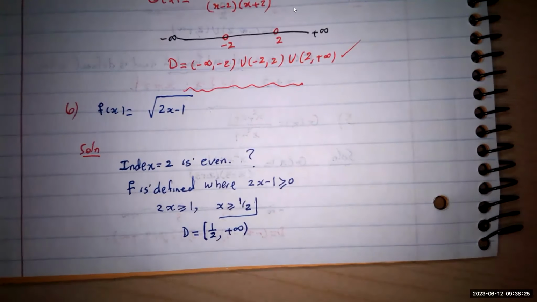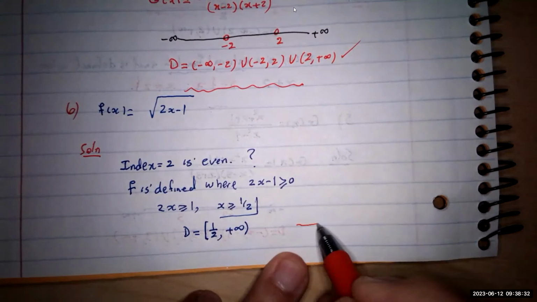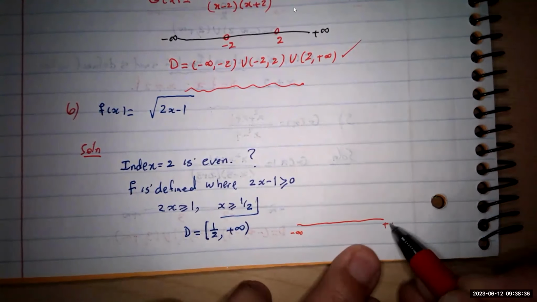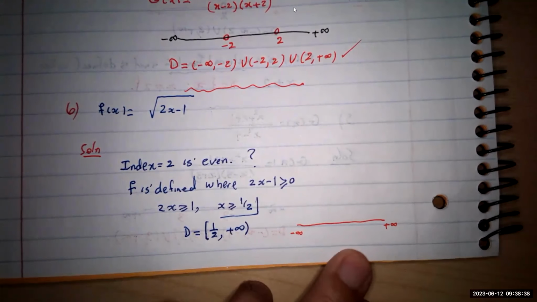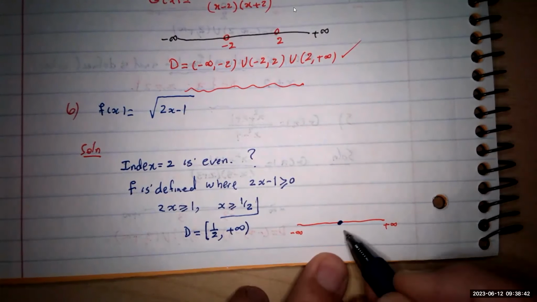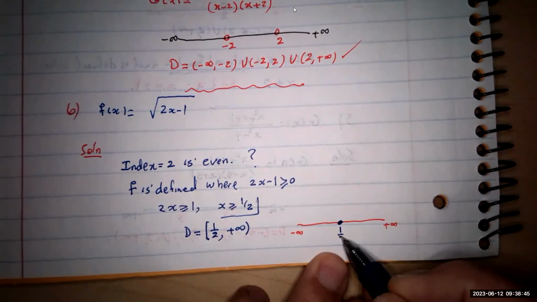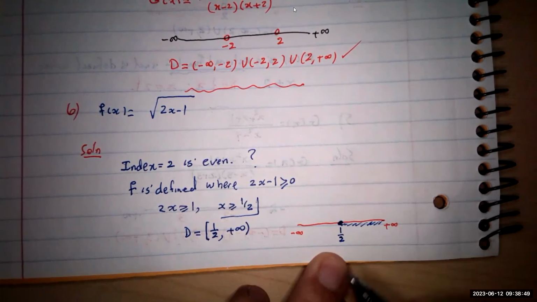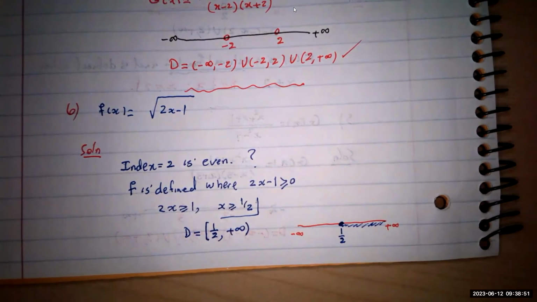So that would be the domain of your function. On the number line, from negative infinity to positive infinity, you have 1/2 here, and 1/2 is included. So that's going to be a solid point, 1/2 and up. This is the domain of your function. Any question?